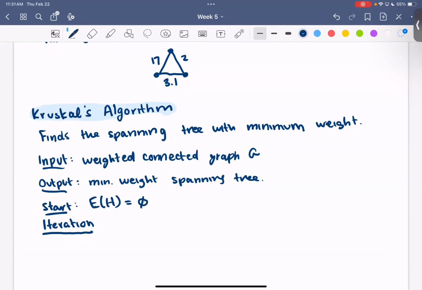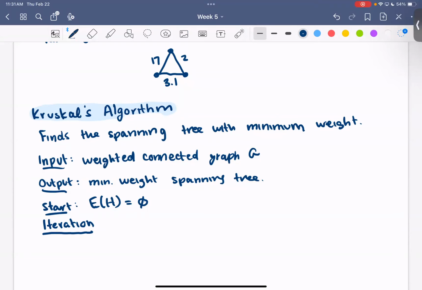Then we're going to successively add edges to H. At each step, we're going to consider the edge of lowest weight that's remaining. If it joins two components of H, then add it to H, in other words, adding this edge does not create a cycle in H. Then we add it, and otherwise I'm going to discard it. And then we'll stop doing this whenever H is connected.